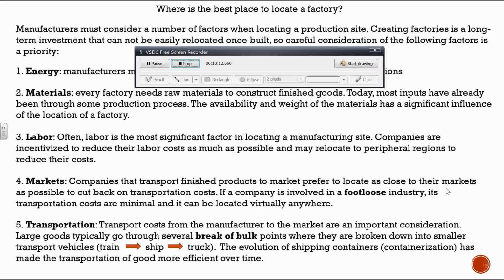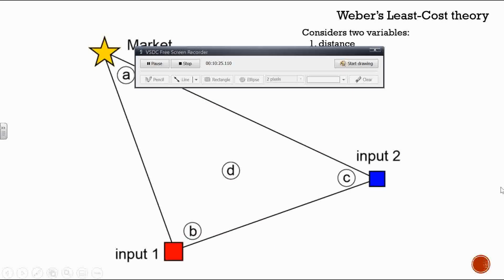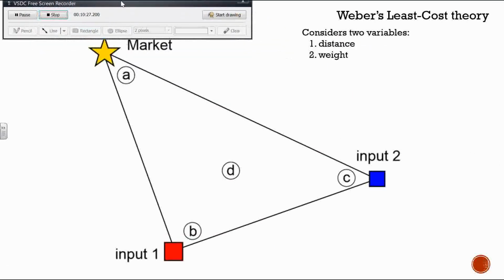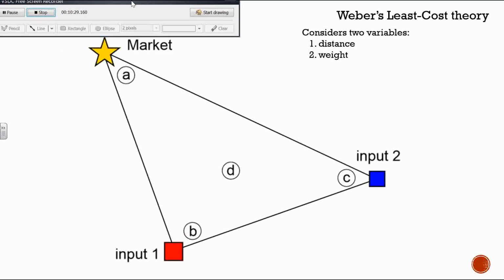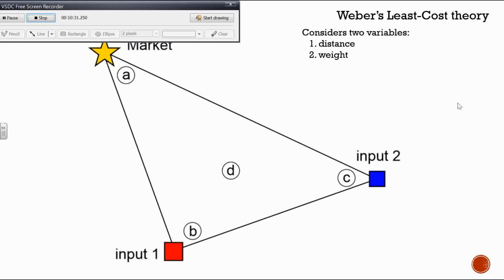All right, so to help us understand, to put all this together and come up with a model that geographers use, we're going to take a look at this next slide here. And this is called Weber's least cost theory. And I know it looks kind of funky, and it's going to consider really two things when figuring out where to locate a factory.